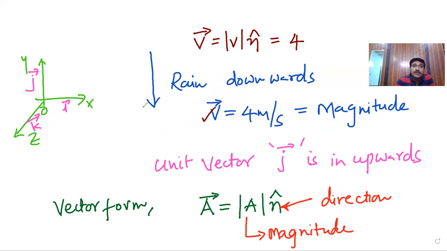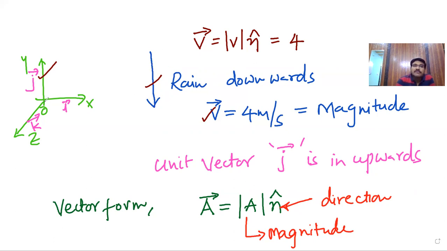Rain is downward, but the given vertical unit vector j is upward. So if I say the upward direction of j is positive, as the sign convention, then the downward direction of rain becomes minus j. The vector j is upward originally, but rain is downward, so I have to take the unit vector in the direction of the rain.